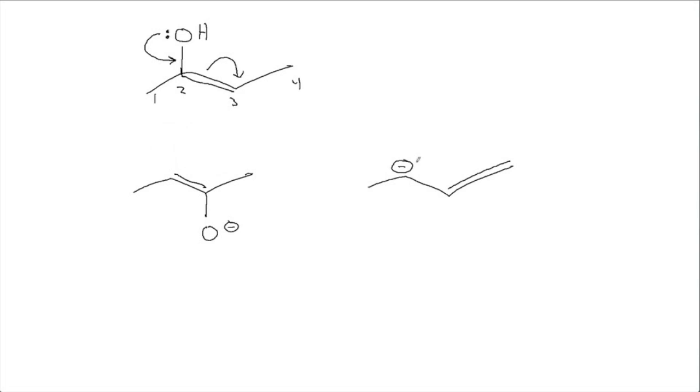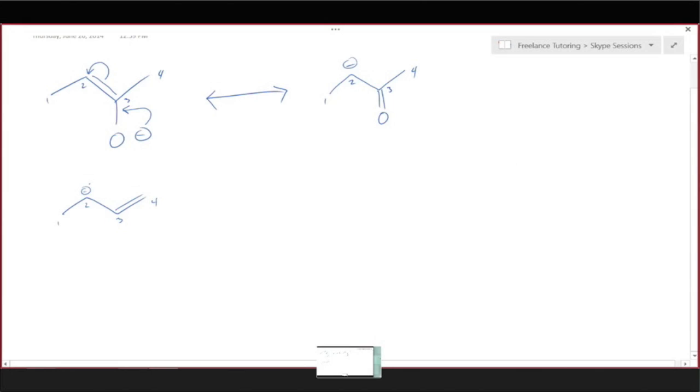Okay, well, let's try this example. Try to come up with some electron-pushing arrows here. Okay. Great. Perfect. So again, we have the lone pair on carbon-2 that's adjacent to carbon-3 that has a pi bond. So go ahead and draw the resonance structure you would get from that.